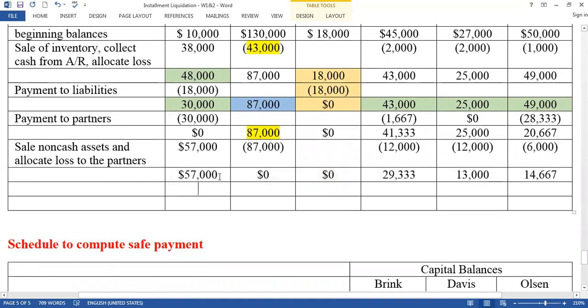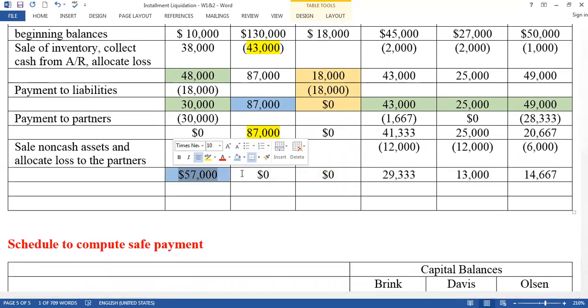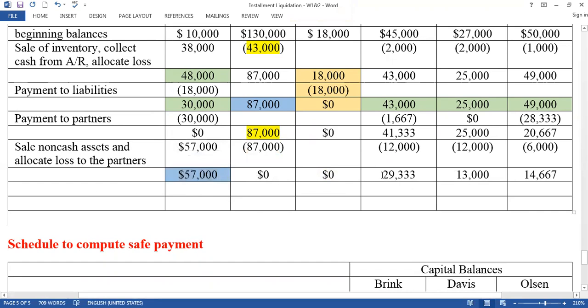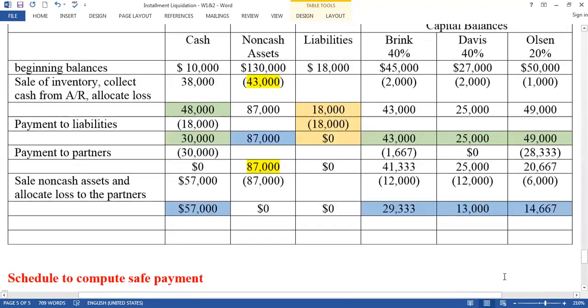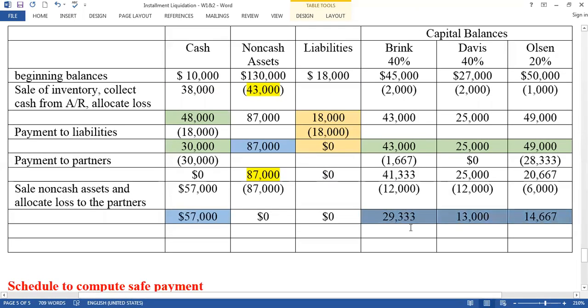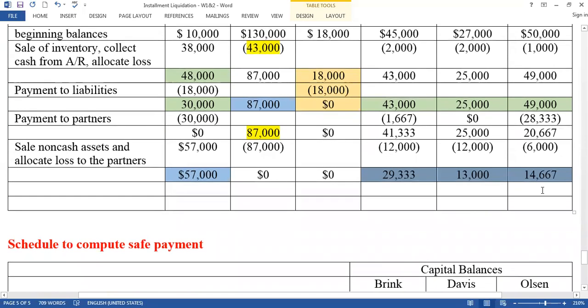We have available cash of $57,000, and this is the money we have to pay to the capital partners, right? Now, if you add these three, 14,667, 13,000, 29,333, what is the total amount? 57, right?